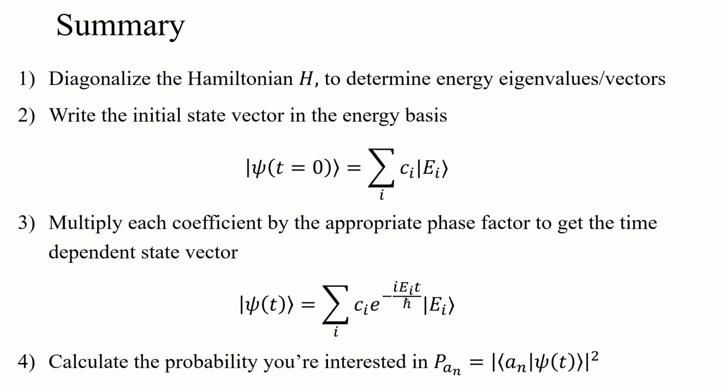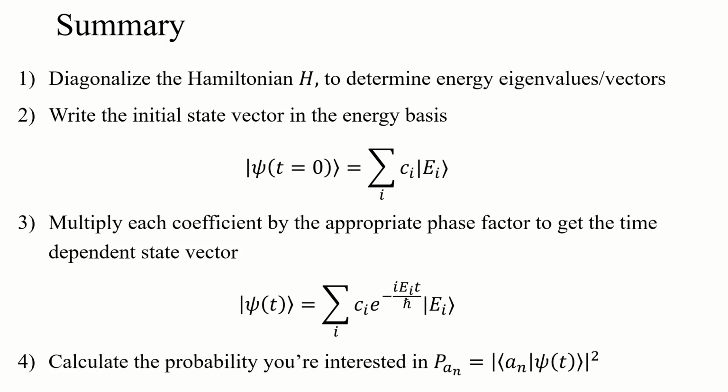So just to summarize what we've done, if you recall, the general way we go about looking at time evolution is we figure out what our Hamiltonian for the system is, that total energy operator, and we diagonalize that to determine the eigenvalues and eigenvectors.